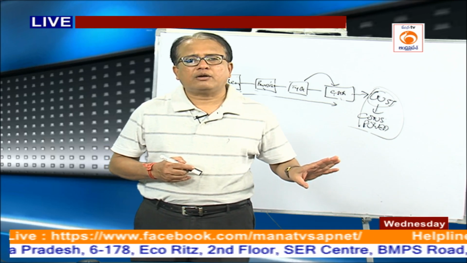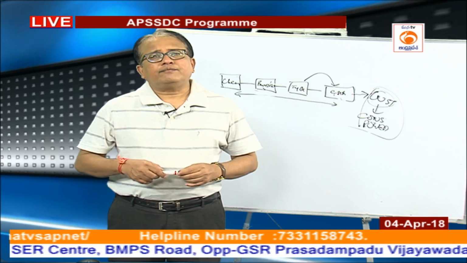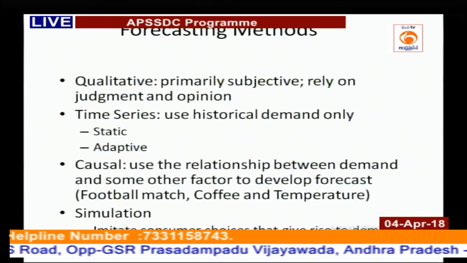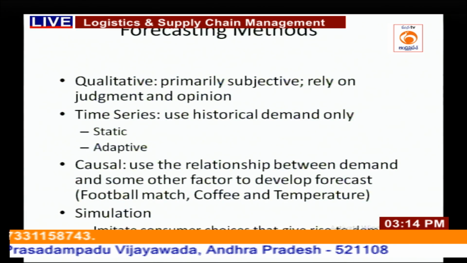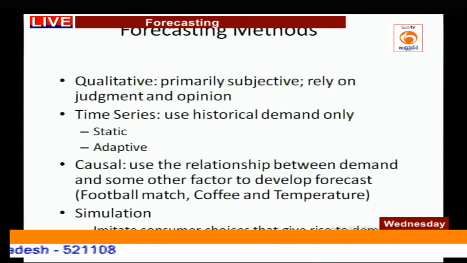That is judgment, qualitative, not quantitative. Time series is dependent upon static and adaptive. It is basically based on certain historical data. Based on the historical data, the past, I would announce my forecasted demand for the future.